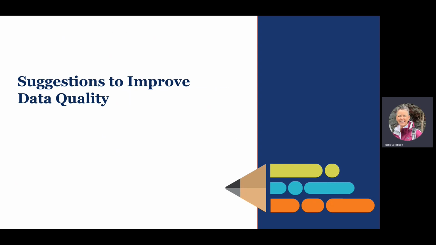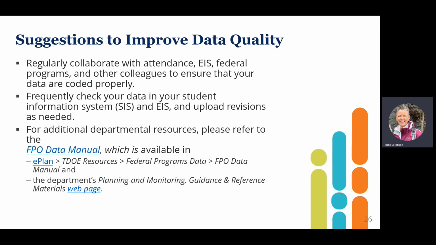Just a few suggestions for you to make sure that you have good data quality. Please be sure that you are regularly collaborating with anyone involved in attendance, EIS, federal programs, and other colleagues to ensure that your data are coded properly. Frequently check your data in your student information system and EIS and upload revisions as needed.